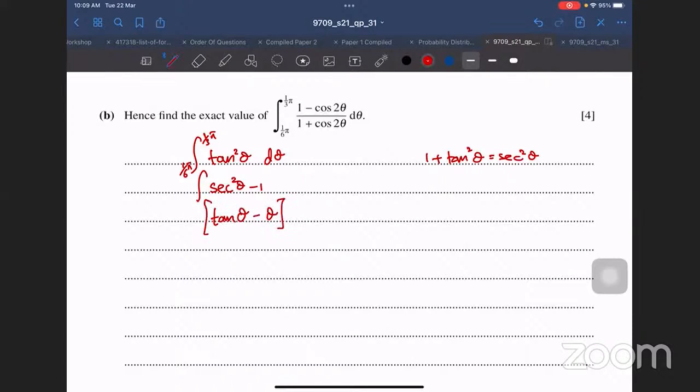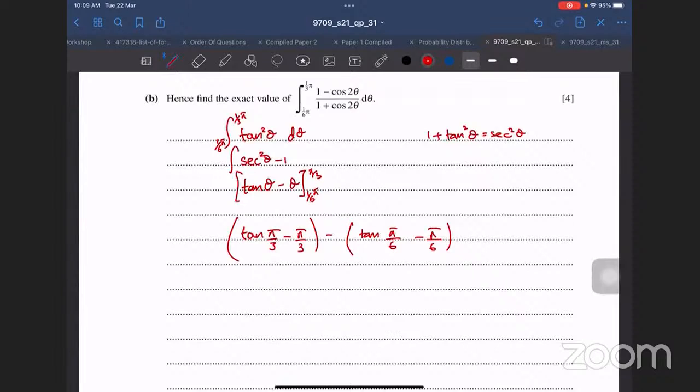Sec square theta integrates to tan theta, and 1 integrates to theta. From 1/6 pi to tan pi over 3 minus pi over 3, minus tan pi over 6 minus pi over 6.